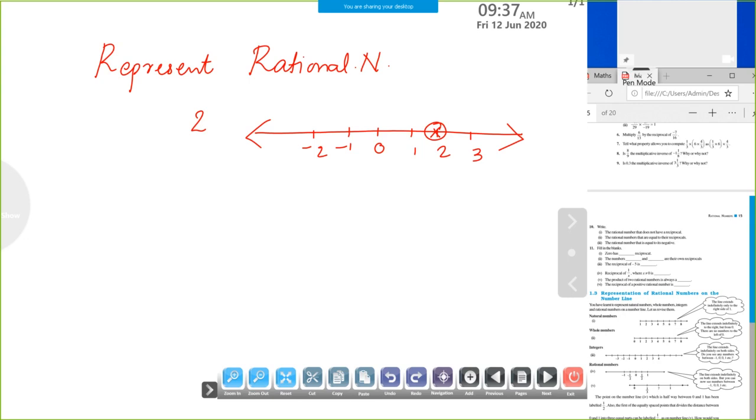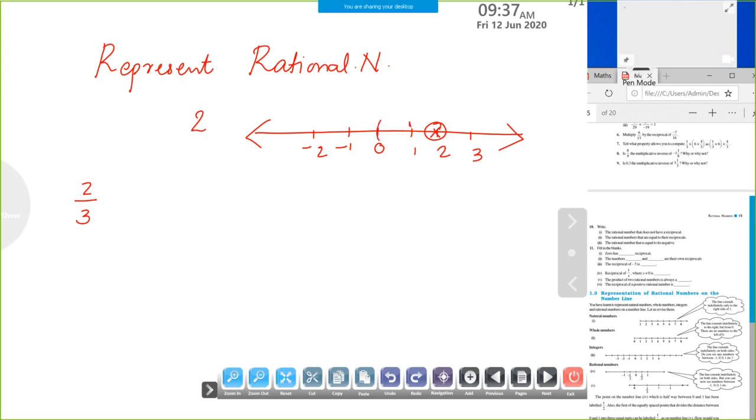So we are going to learn how to represent a rational number, for example, 2 by 3. How do we represent it on the number line? First of all, understand that between any two integers which you normally mark on the number line, there are an infinite number of numbers.